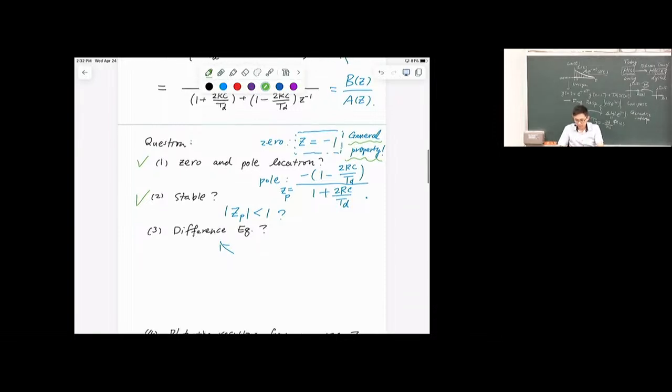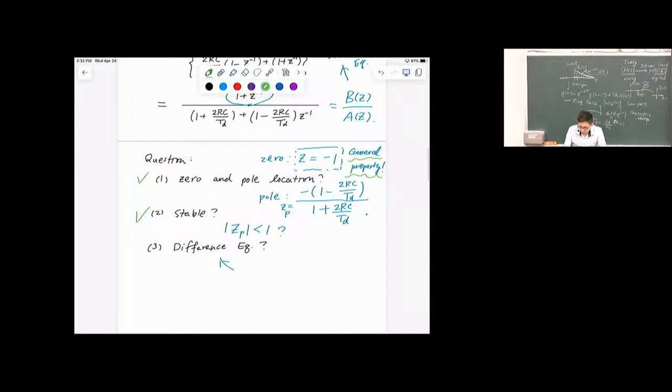And finally, let's work on the corresponding difference equation. Okay, the corresponding difference equation now, we have (1 plus 2RC divided by TD) times y[n] plus (1 minus 2RC divided by TD) y[n minus 1] equals x[n] plus x[n minus 1].